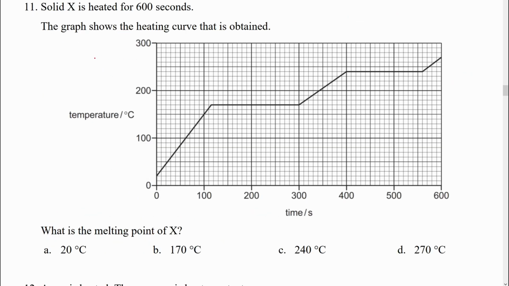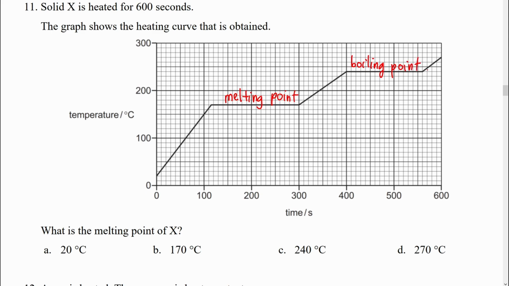Question 11. Solid X is heated for 600 seconds. The graph shows the heating curve that is obtained. What is the melting point of X? So remember, in a heating curve, the horizontal or flat line here is the melting point. And the upper flat or horizontal line is called the boiling point.